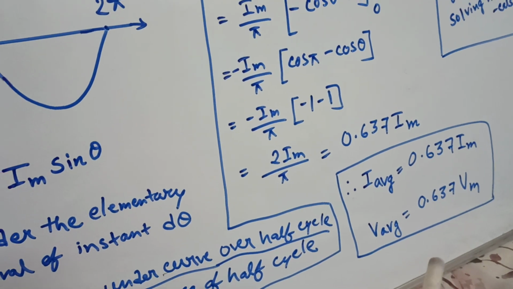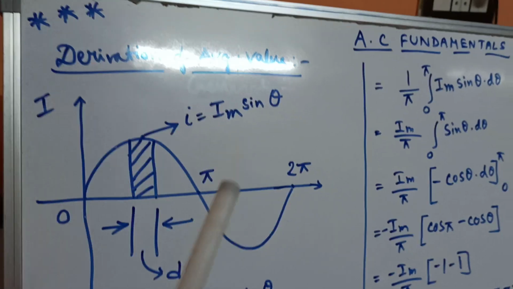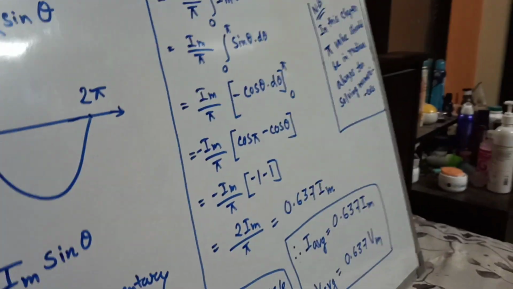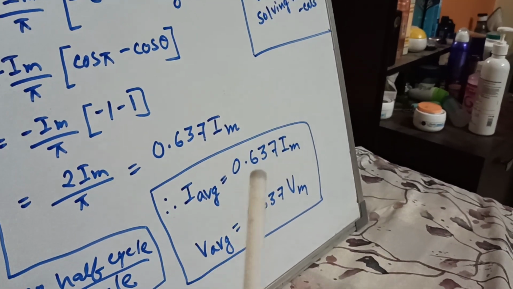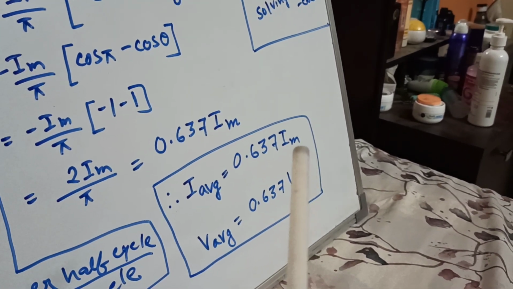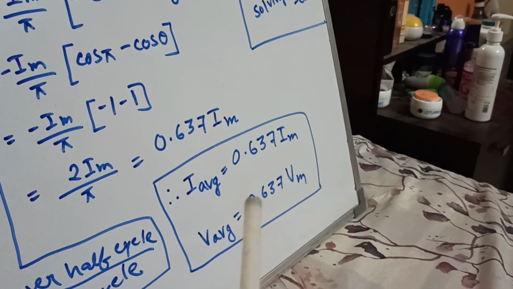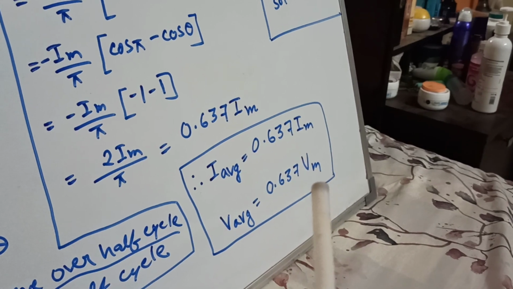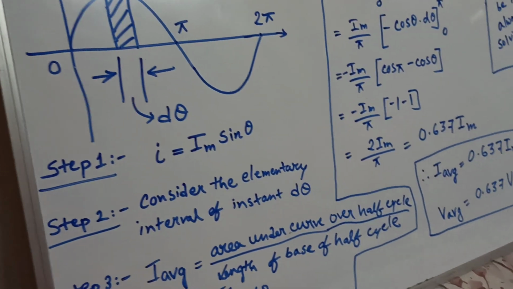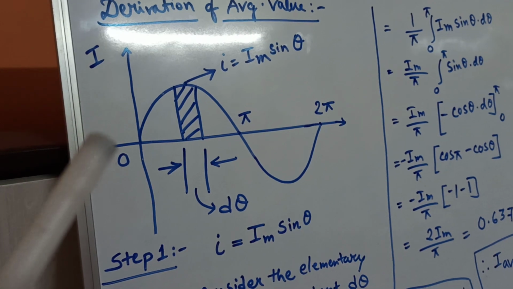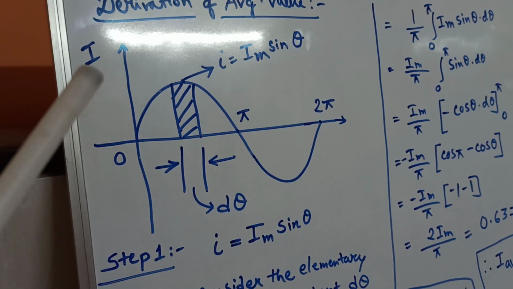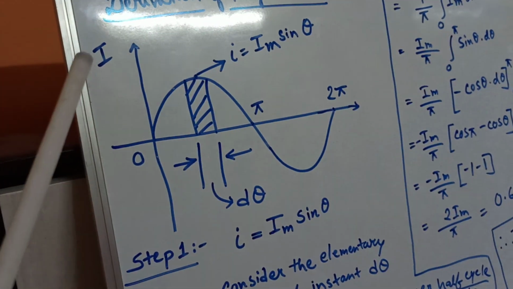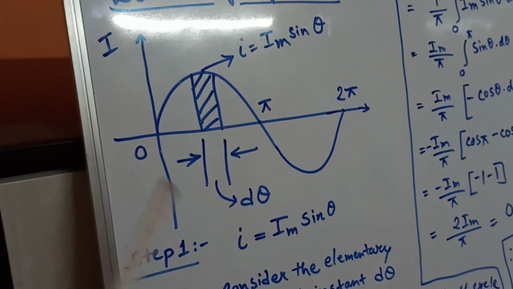If they ask for the derivation of average value, you have to derive I average equals 0.637 Im. If the question asks about a voltage, it should be V average equals 0.637 Vm. Everything should be in the same manner. If the question mentions current, the waveform should be in terms of current, and if it mentions voltage, replace I by V.